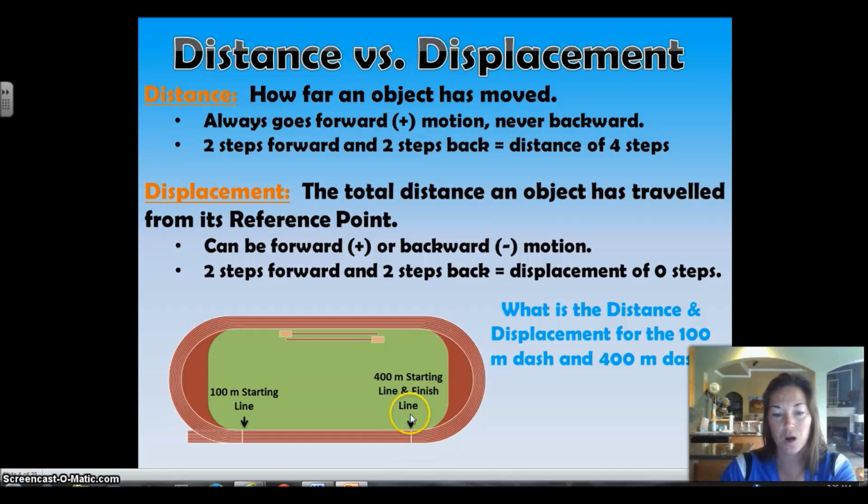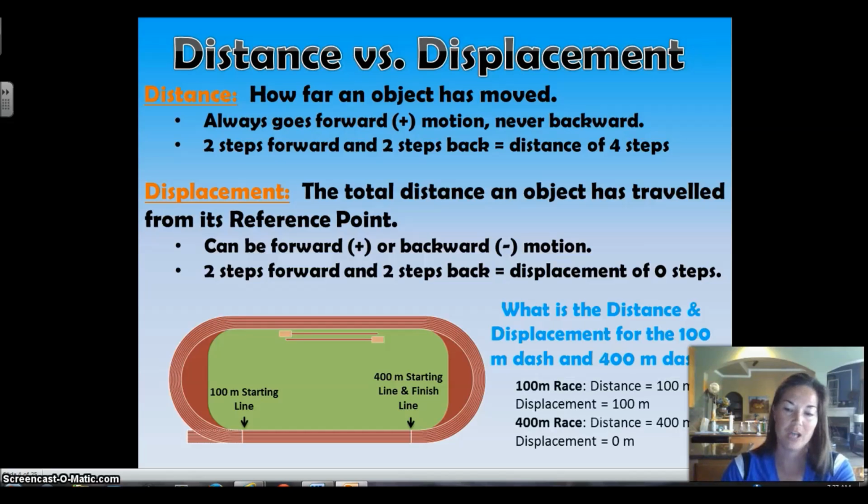Another race is the 400-meter dash, where you start here and you run 1 lap around the track and you finish right where you started from. So think about it for a second. What is the total distance and total displacement for the 100-meter dash and the 400-meter dash?